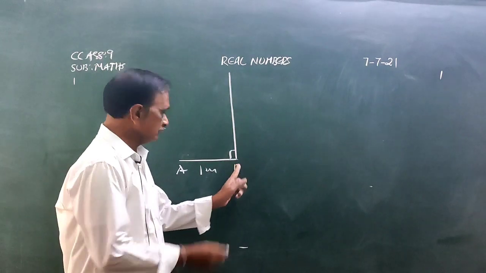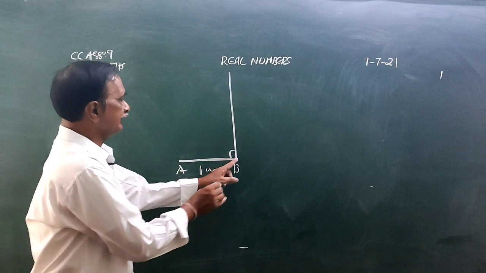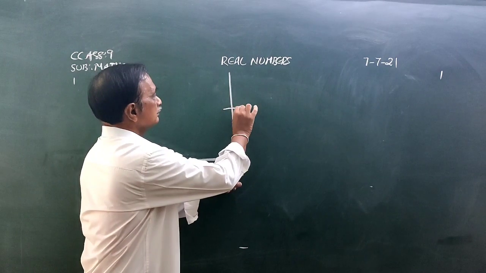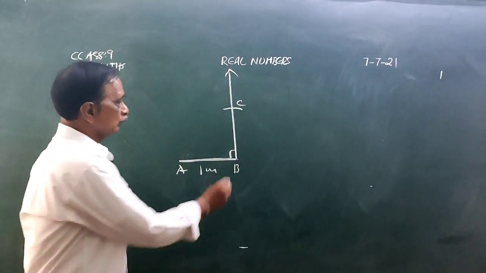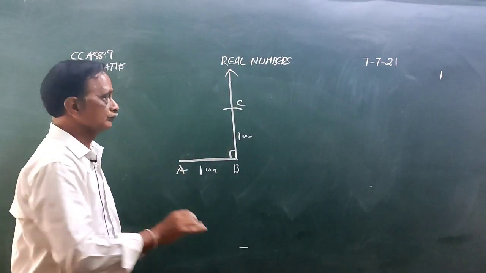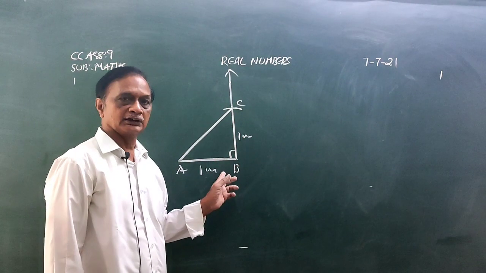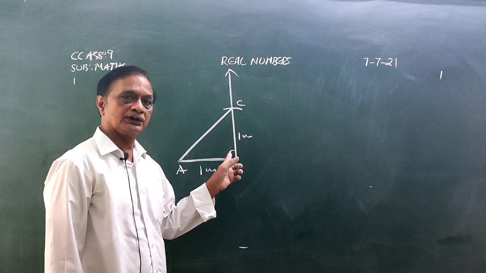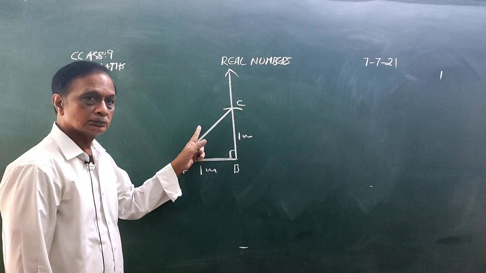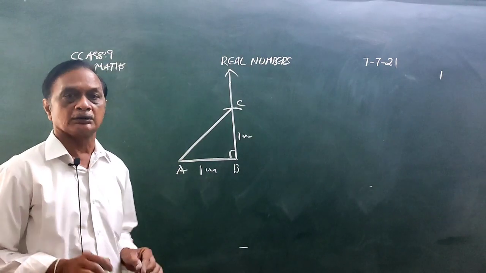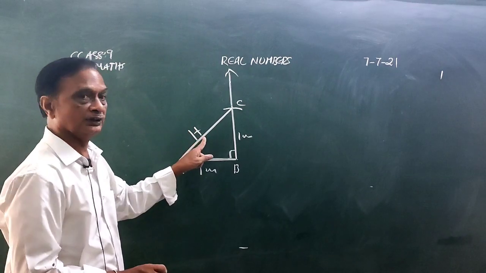Taking B as center and the same length of AB, that is 1 unit, I draw an arc to intersect this ray at C. What is the length of this one? 1 unit only. Join AC. What is this triangle called? Right angle triangle, because the measure of angle B equals 90. Now can you find the length of AC? To find the length of AC, we have to use the Pythagoras theorem. Square of the hypotenuse. What is the hypotenuse here? AC.